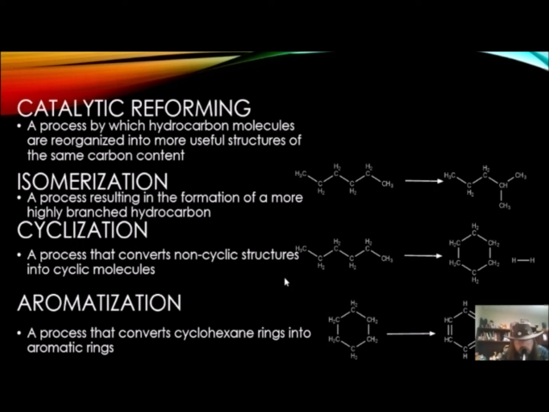We can cyclize these. So we could turn a saturated hydrocarbon into an unsaturated cyclic hydrocarbon through cyclization and produce some hydrogen gas as a byproduct. And we can take a cyclic hydrocarbon and turn it into an aromatic benzene ring through a process of aromatization, which produces more hydrogen.